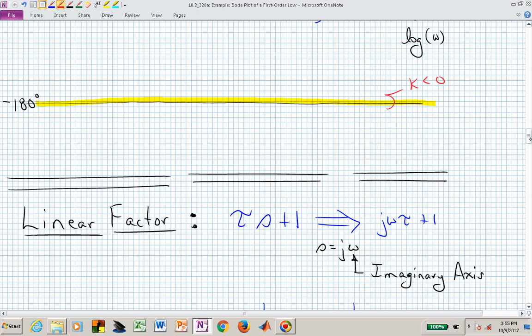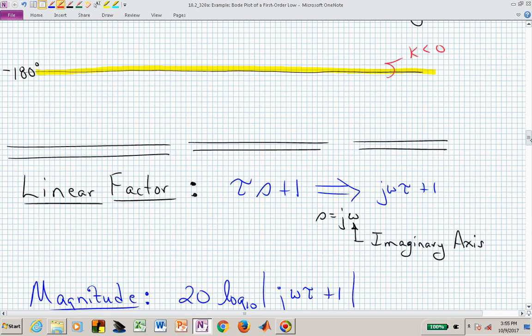Again, we're evaluating this when s is a frequency expression or on the imaginary axis, so we're setting s equal to j omega. This now becomes, this linear factor now becomes j omega tau plus 1, and tau is a fixed number. In our earlier example, tau was 1/5 or 0.2.